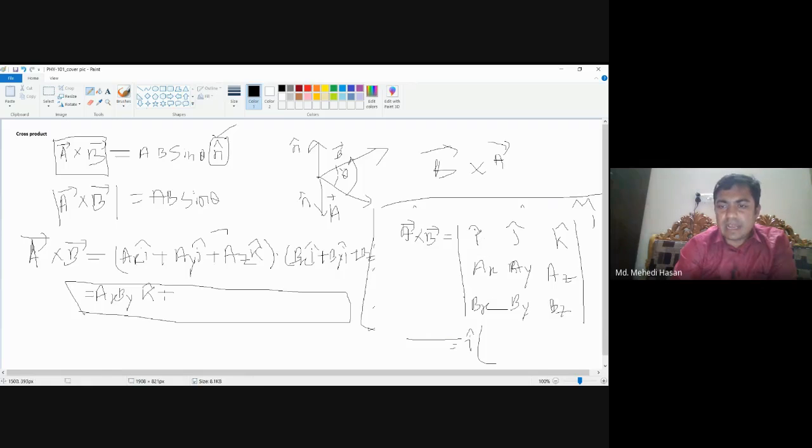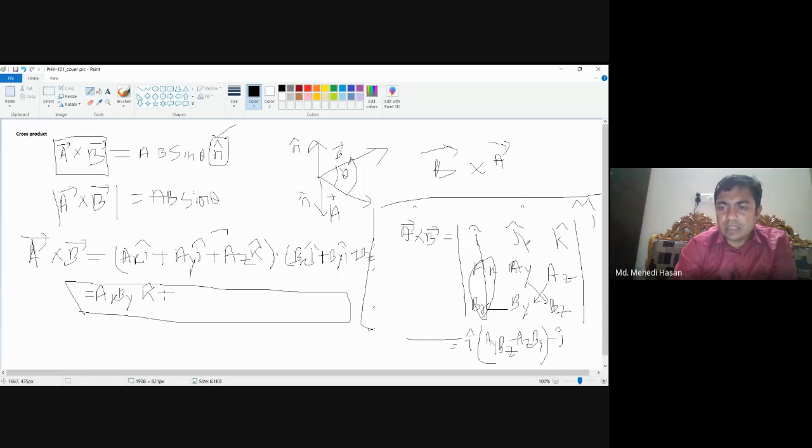If we take i, then this part will close, then ay bz, the multiplication of these two minus the multiplication of these two, az by. In case of j, we have to write minus j according to the formula.